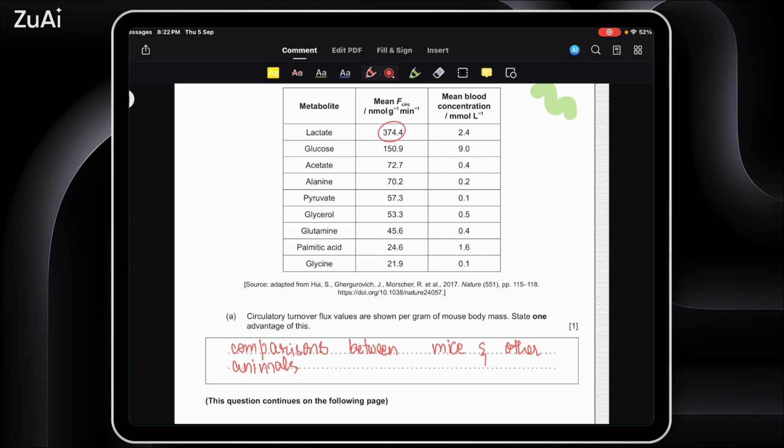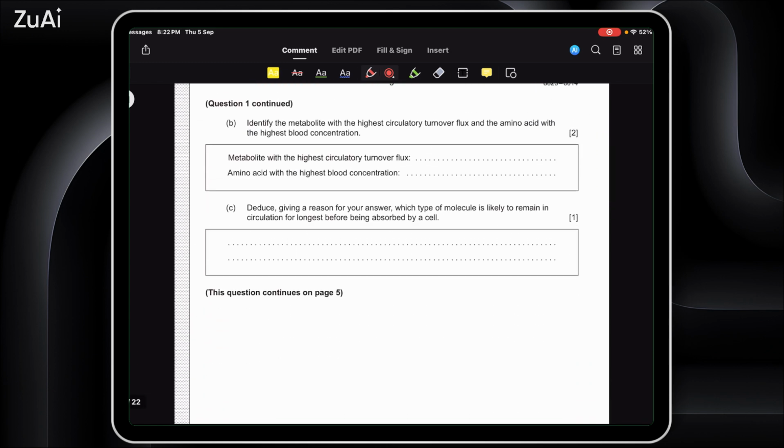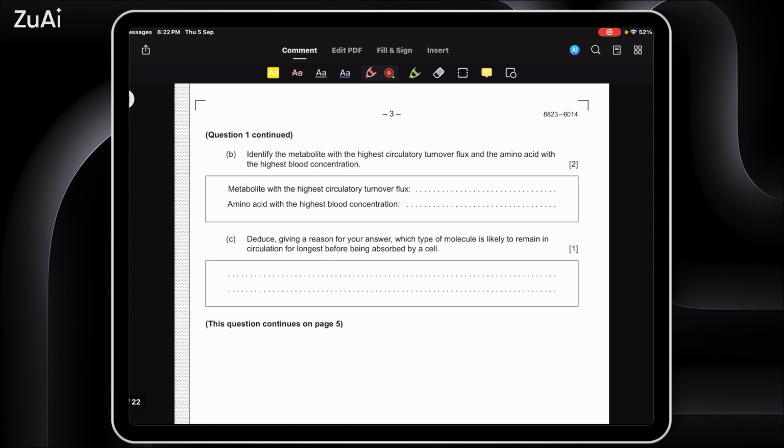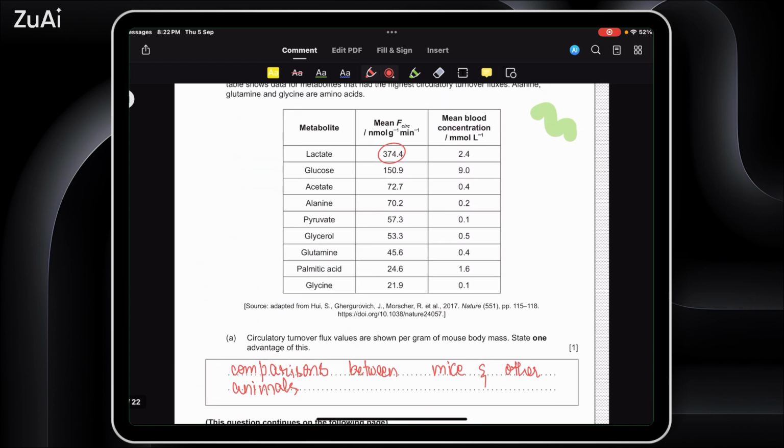And the amino acid with the highest blood concentration. So the highest circulatory turnover is lactate.